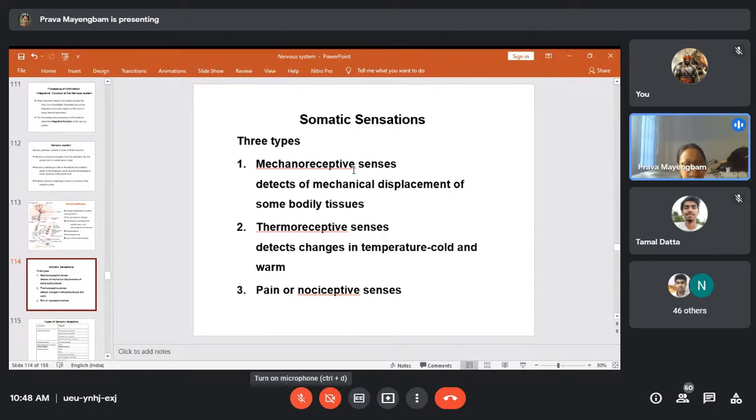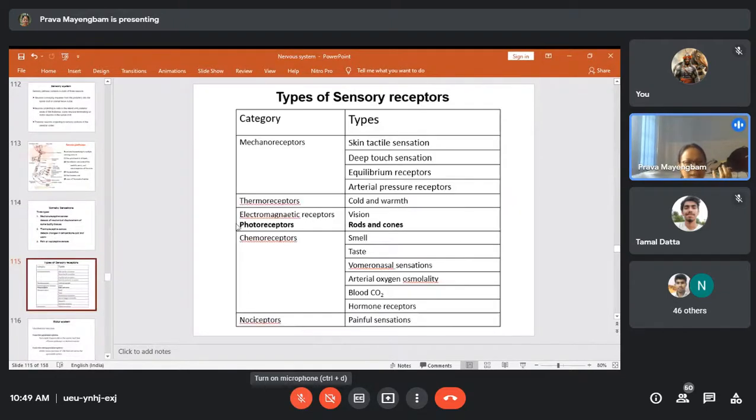And further, the different types of sensors or receptors are again further classified. Like mechanoreceptors, which can sense the skin tactile sensation, deep touch sensation, equilibrium receptors, arterial pressure receptors.